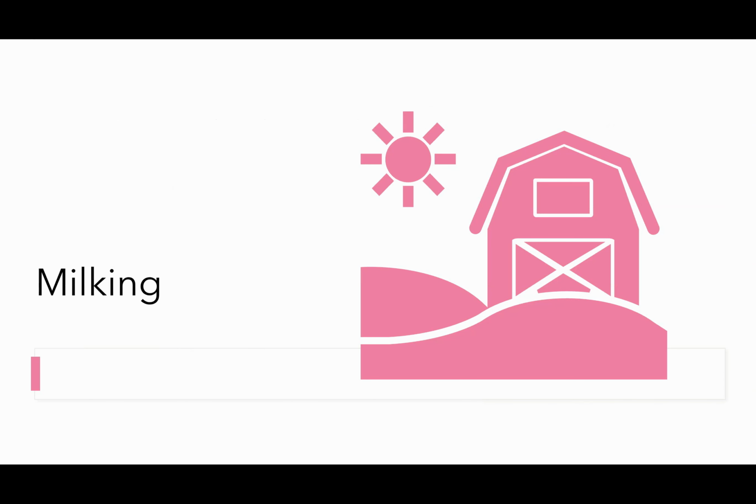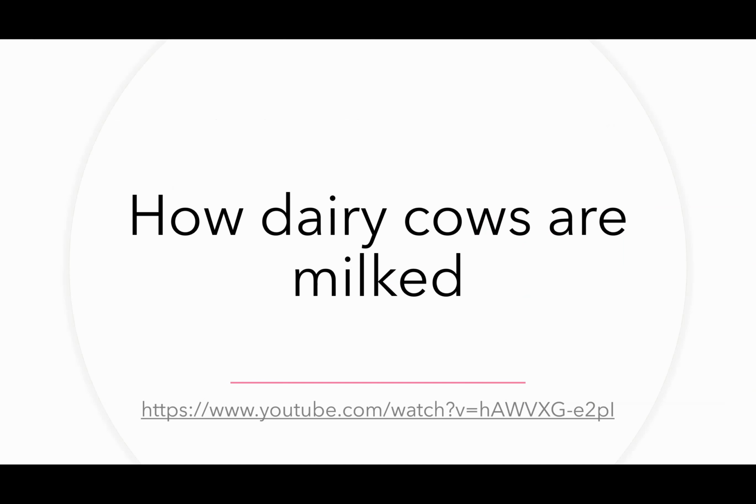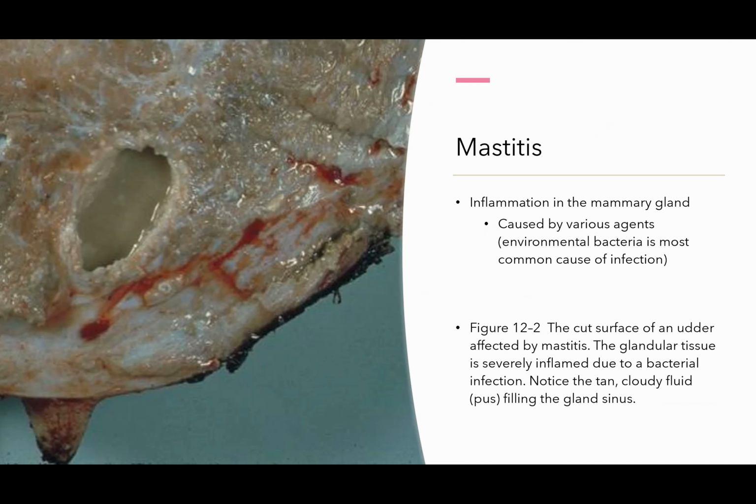So for milking, there's a video on how dairy cows are milked. You will watch this as part of the module. But a major issue, as we talked about before, is this concept of mastitis. So mastitis is simply inflammation in the mammary gland, but it's a very big problem in the industry.